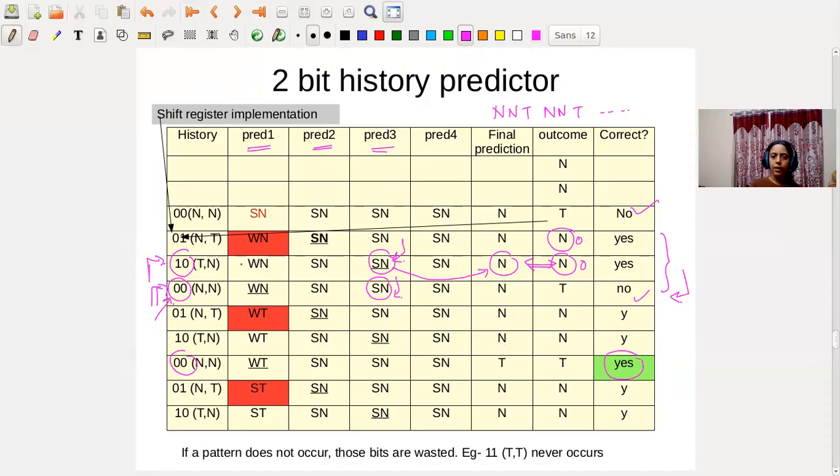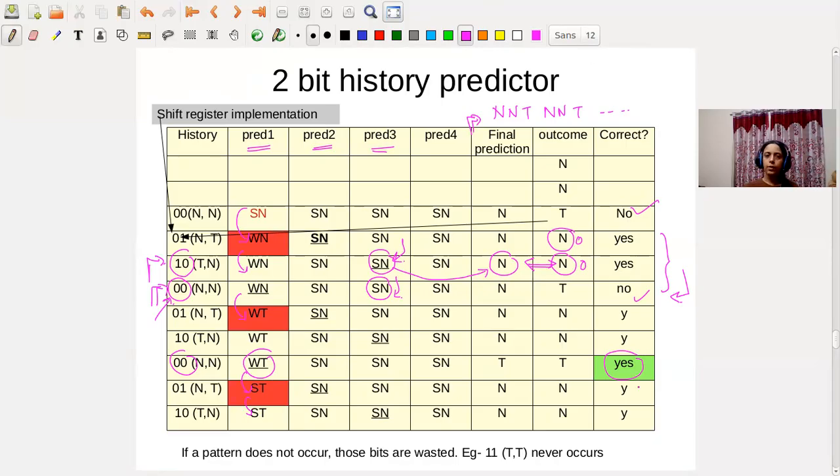That is because you see that this counter has changed and undergone changes quite a few times, and it is going to start predicting correctly after the few initial iterations. So therefore, this pattern NNT is going to be predicted correctly after the initial training.